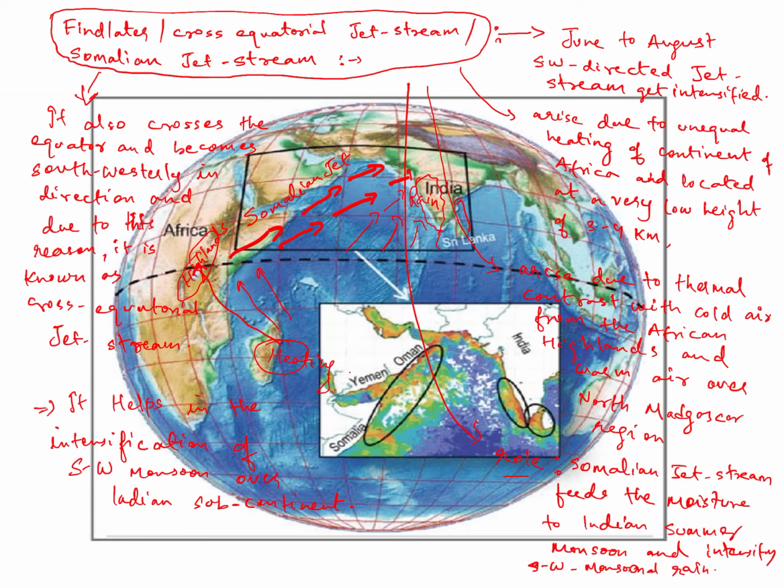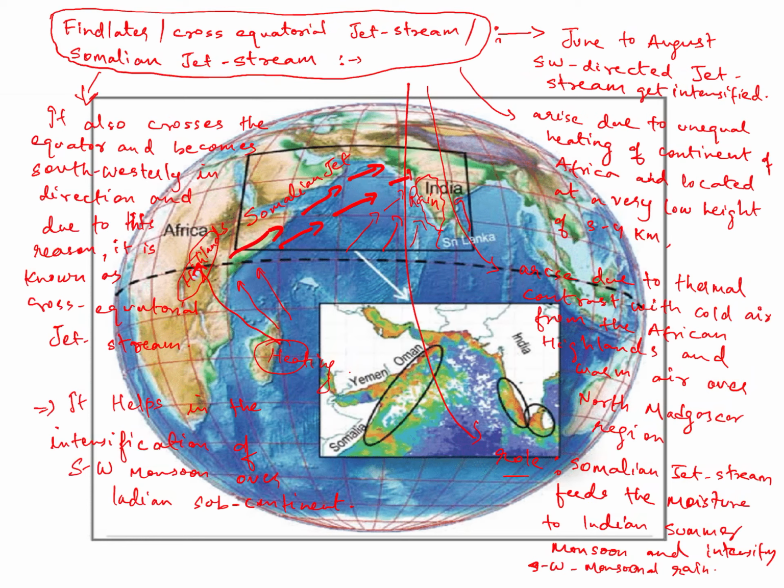Now, are there other jet streams also? Yes. Like the African easterly jet stream, which flows at a lower height, around 3 to 5 kilometers, similarly at the Somalian coast there is a jet stream observed moving from the southwest direction. It is also observed in the months of June till August, and it is strongest and most intense during that time.